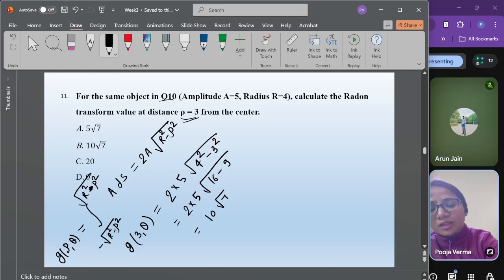Just put it in the previous main formula. The object is circular, but here the distance rho is given as 3 and the amplitude is also given, so that's why the equation becomes this. So 10 root 7 for this one. Option B is the correct answer for this question.